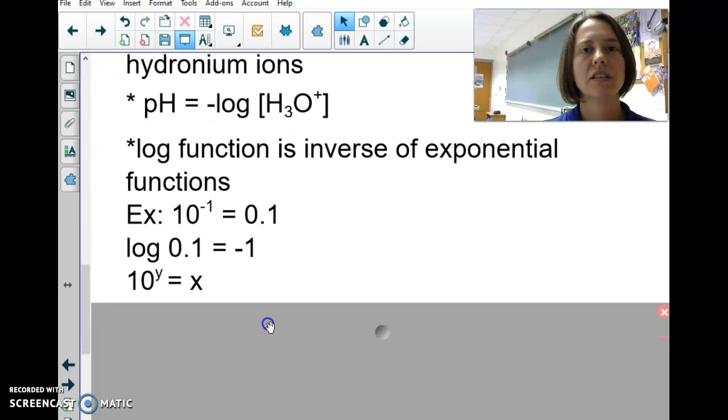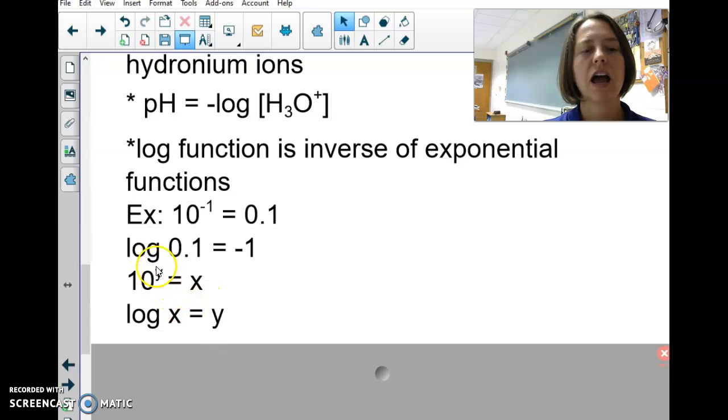So looking at this in general, if we have 10 to the exponent of y equals x, then our exponent becomes our answer. The log of x is going to be y. So looking at this again, 10 to the -1 was 0.1, so then the log of 0.1 is our exponent, -1.